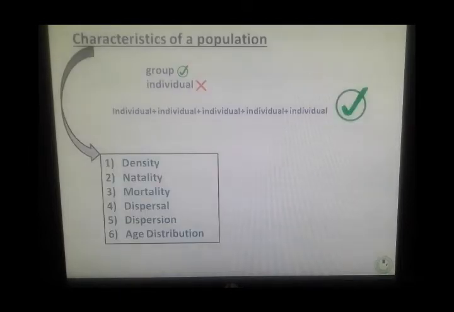Now, to know the dynamics of population, we must know the different characteristics of a population.